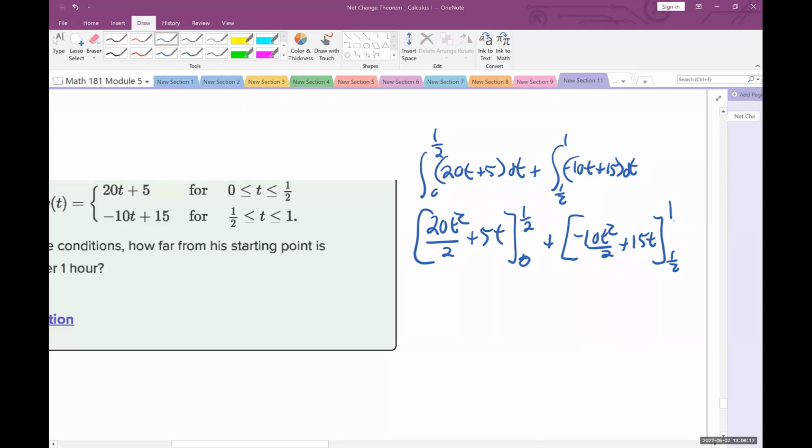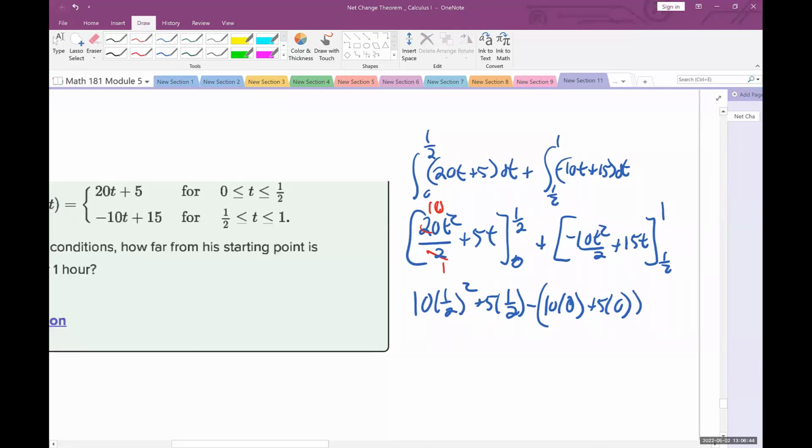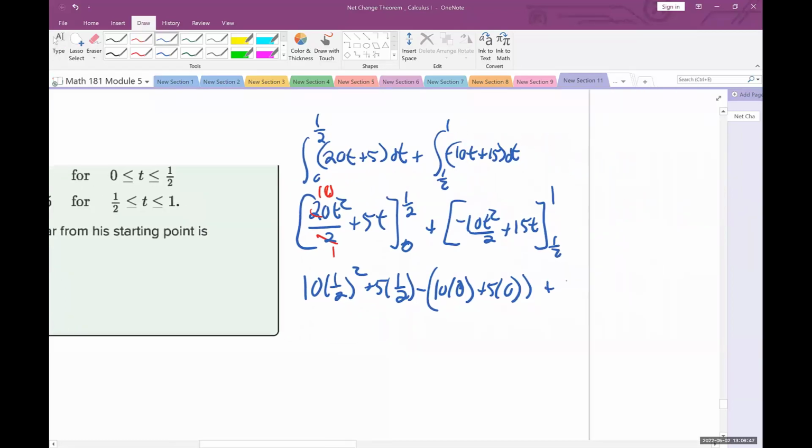Very good. Okay, so we have, reduce here, that's a 10. So we have 10 times 1/2 squared plus 5 times 1/2 minus 10 times 0 plus 5 times 0 plus a negative 10 and the 2 reduced makes that a negative 5.